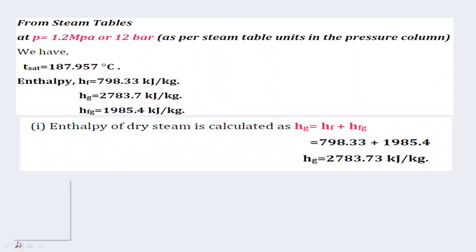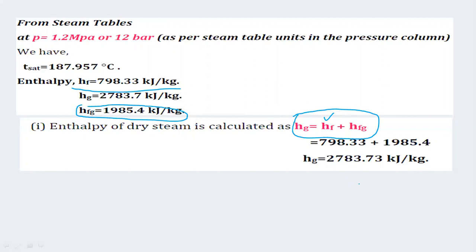The calculation is first for a dry steam. For a dry steam, the equation you use is Hg equals Hf plus Hfg. Hf means enthalpy of the liquid, which you already have here, and Hfg is the mixture term. Together, how much do we get? 2783.73.